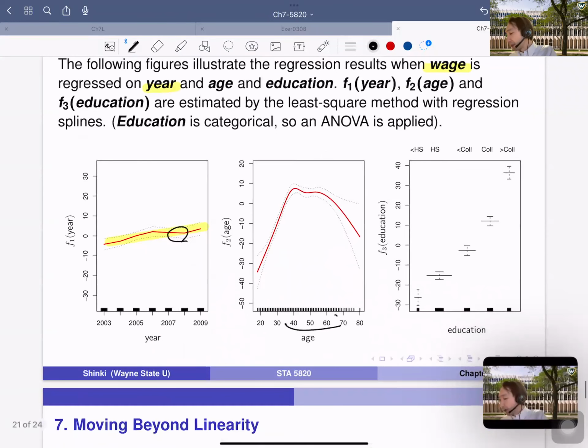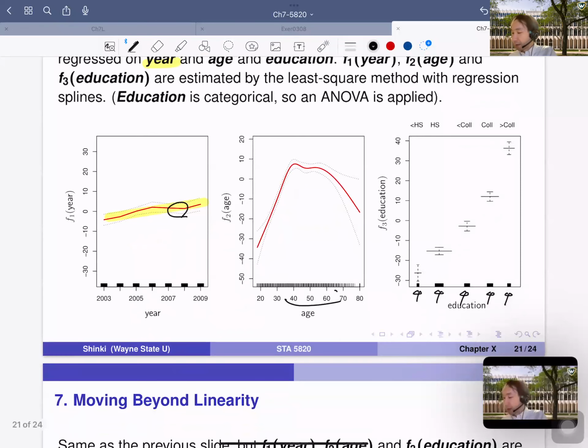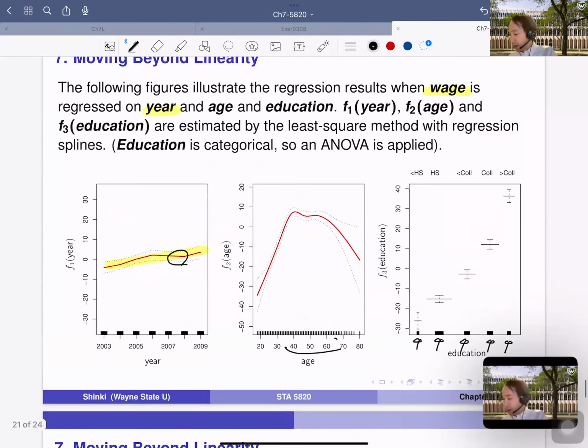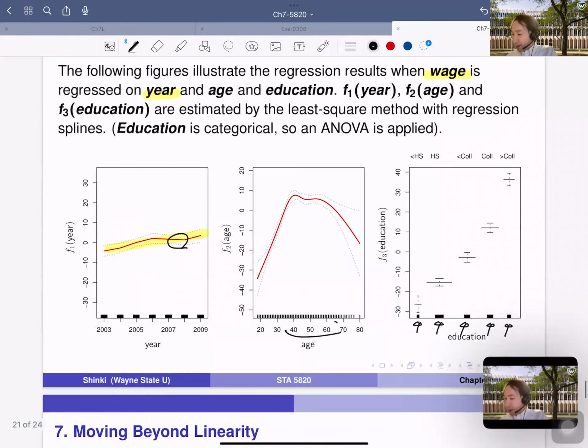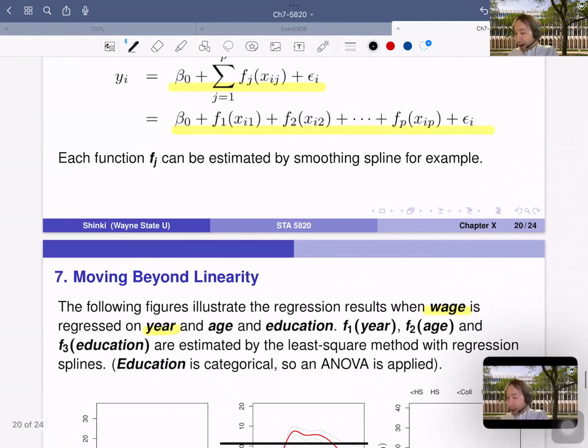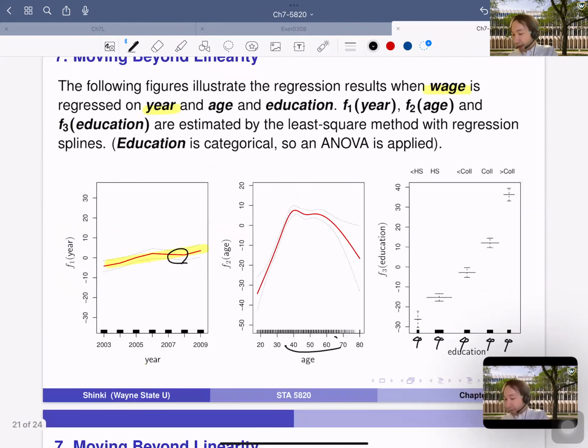And educational level is a factor variable. It doesn't specify exactly what this means, but maybe high school dropout, high school graduate, some college education, college graduate, and maybe graduate school. So we have a factor variable here. So we can fit this. We have to specify the type of f1, f2, and so on. Here, f1 sounds like maybe a spline.